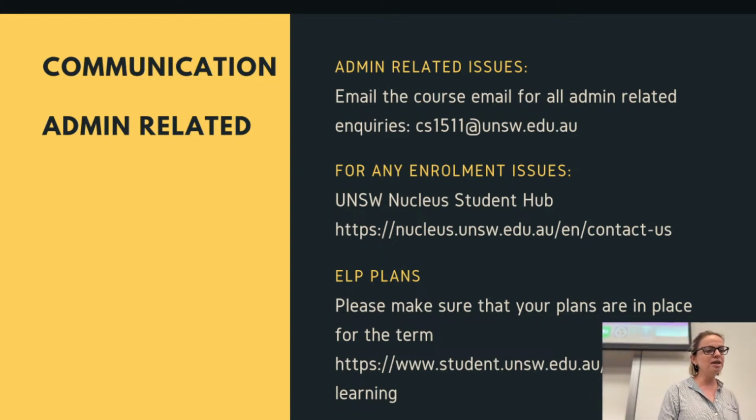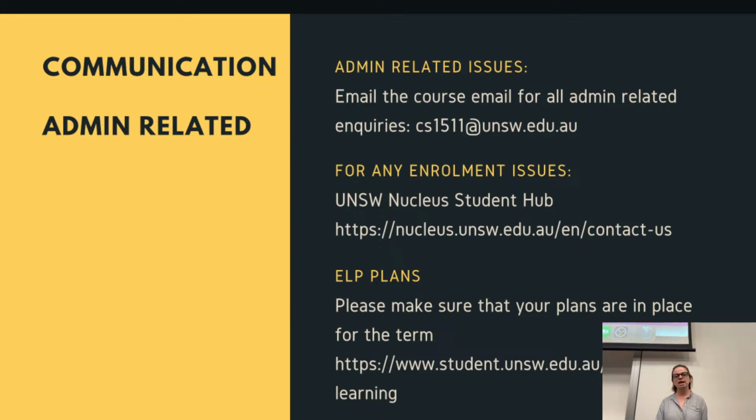Okay, who has heard about ELPs and what equitable learning services are at university? If you haven't, equitable learning services are for students that have ongoing issues that might prevent them from doing as well in the course as they can.